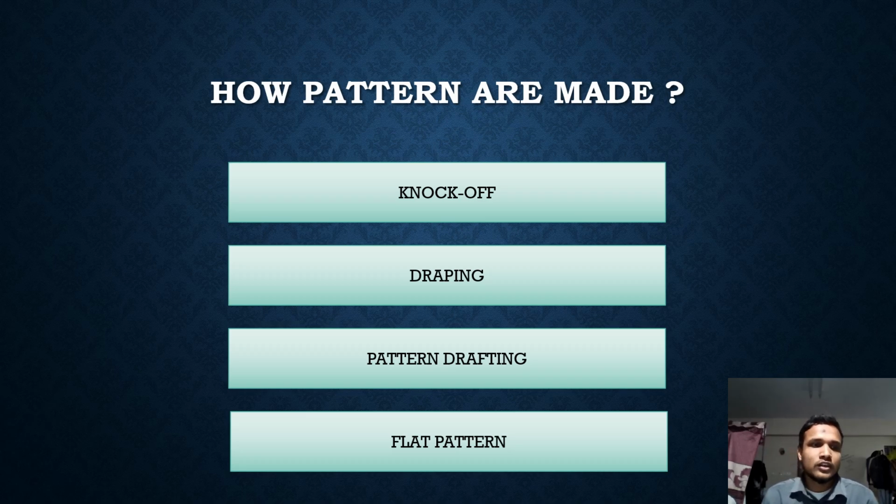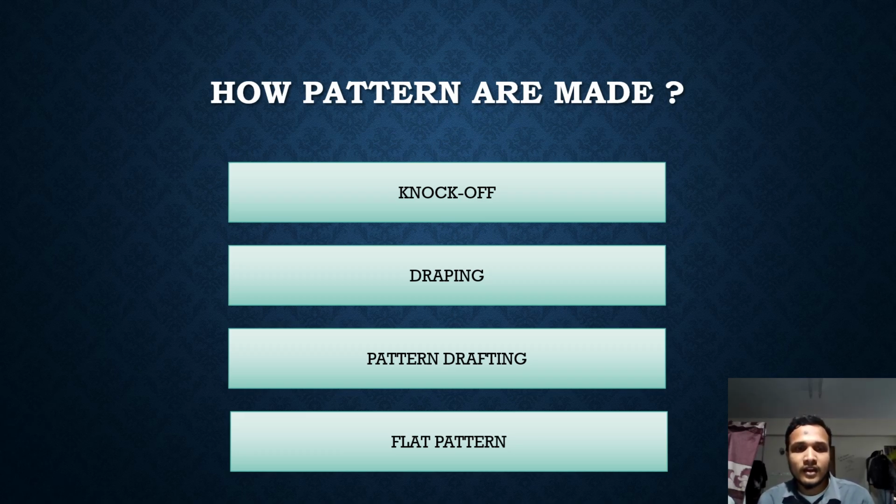Knock off: tracing the pattern pieces from the existing garments. And draping: using fabric on a dress form to create pattern shapes which are transferred to paper.